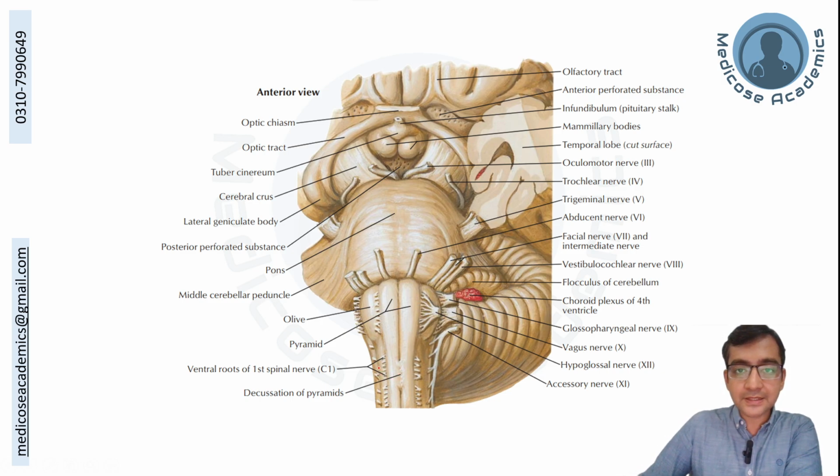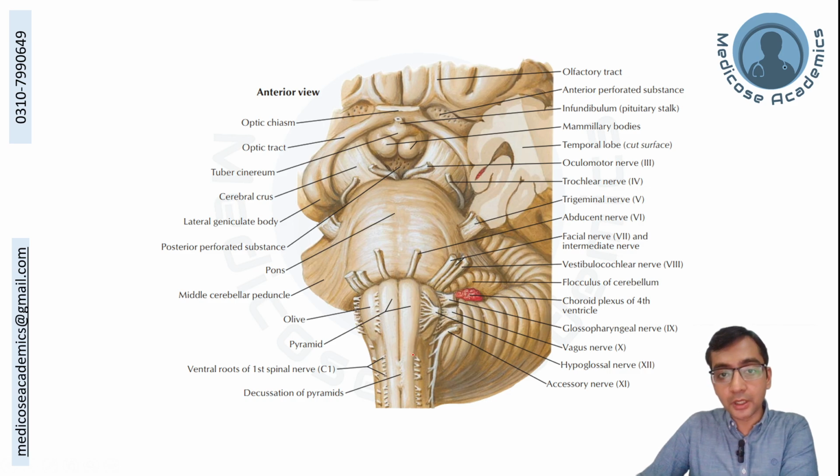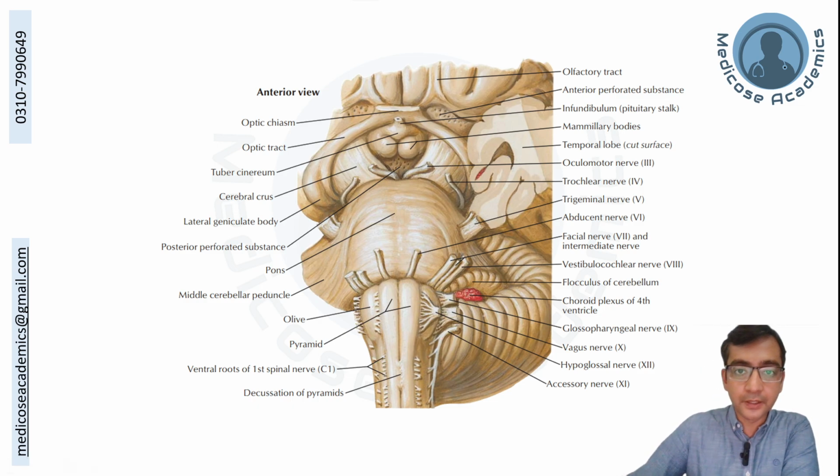Then the second point is the cranial nerves. You can see the hypoglossal nerve, and here you can see the first cervical nerve. So you can identify the junction between the medulla oblongata and spinal cord as where the first hypoglossal rootlet ends and the first cervical nerve rootlet starts.